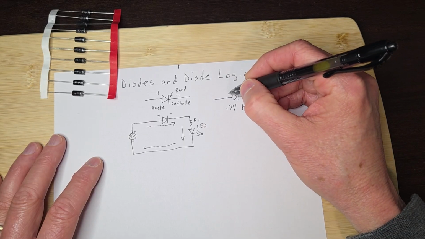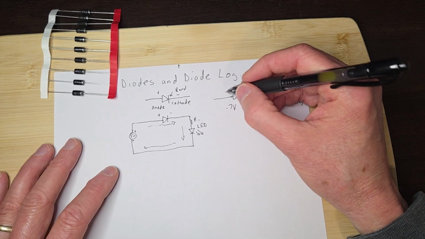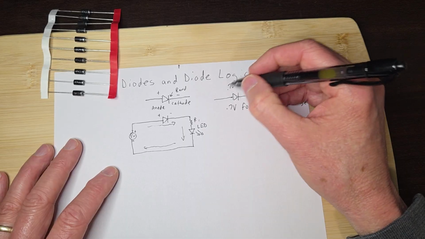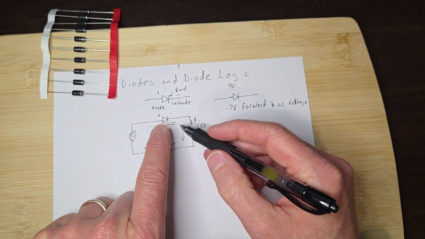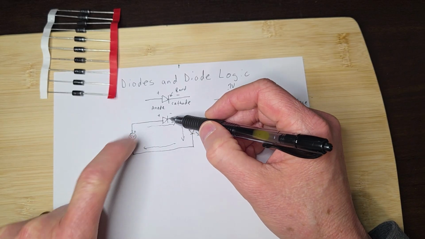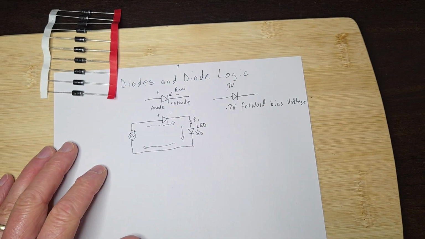In other words, I have to have at least 0.7 volts to turn this on and make it go forward. So in this case, this would be 5 volts minus 0.7 volts right here, because some of the voltage has to be used to turn this diode on. So that's just one of the little things to keep in mind.